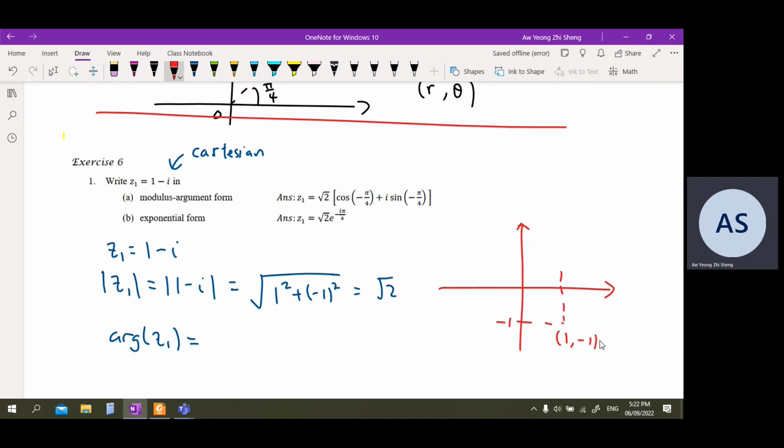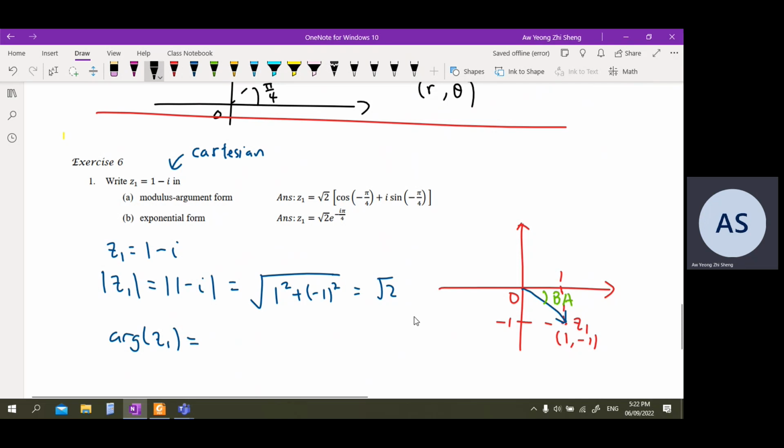The coordinate 1, -1 is here. Your z1 is in quadrant 4, and this blue arrow is the vector representation of that complex number. This green angle is the basic angle, and we are going to take the negative of the basic angle as the argument.